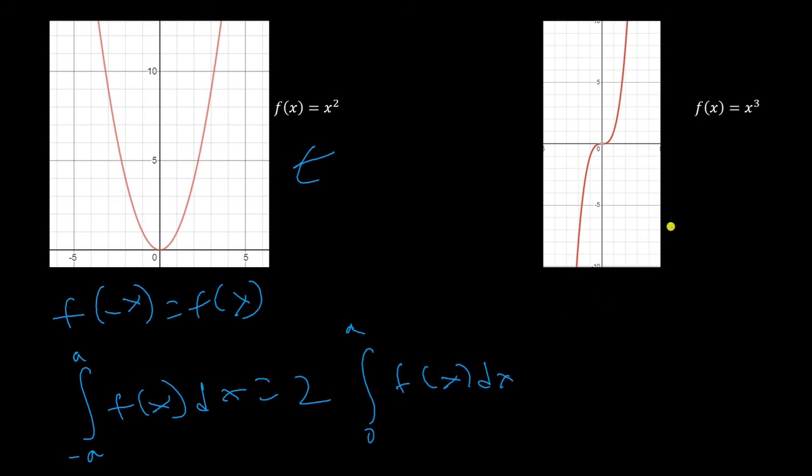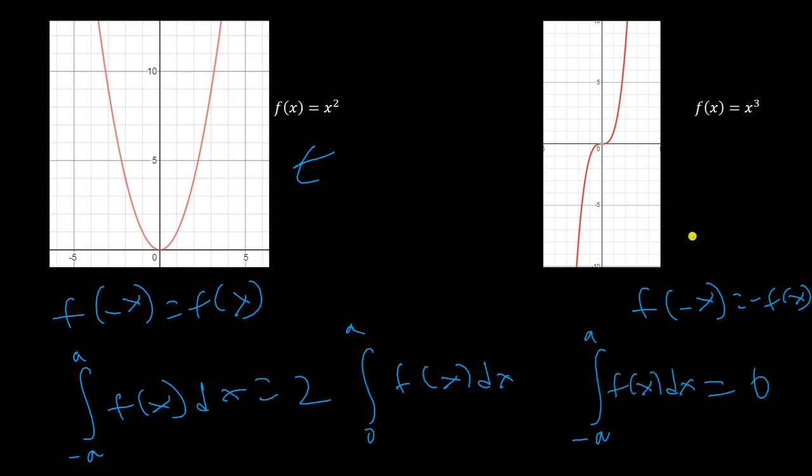And it's even better for an odd function, which is where f of negative x equals negative f of x. The integral from negative a to a of f of x dx is just 0, because the two opposite things will cancel out.